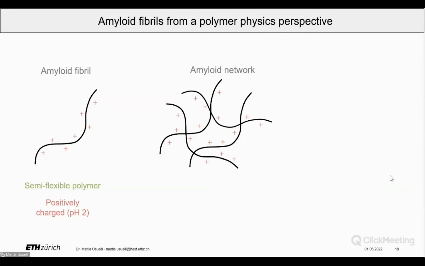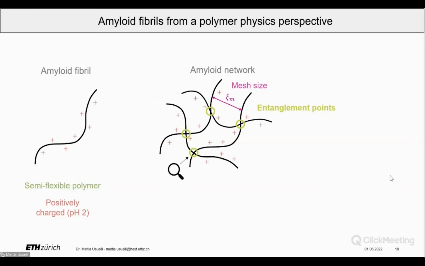If we take enough amyloid fibers, and as they have a very high aspect ratio, we don't even need to go so high in concentration, these amyloid fibers form a network. It means that we have an average distance between the different amyloids that is called the mesh size, and the amyloid fibers themselves meet at some points that are called entanglement points.